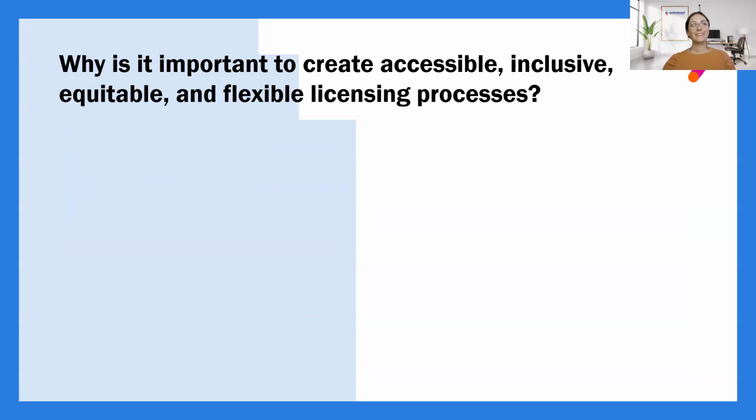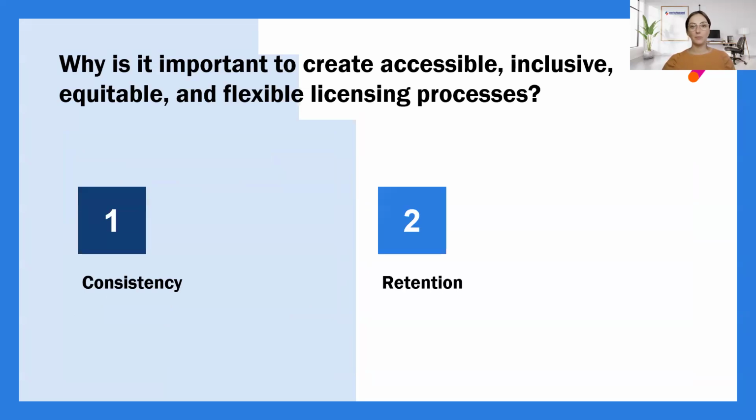But finally, here, talking about making the licensing process. Why is it important to have a licensing process that is accessible, inclusive, equitable, and flexible? If your recruitment approaches and values are not reflective and consistent of the tedious process of licensing, then you might be at risk to lose folks after you just spent a lot of time recruiting.